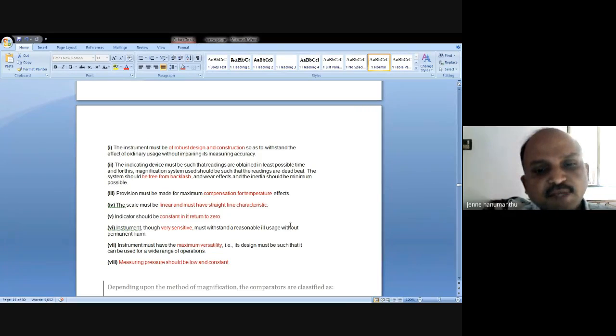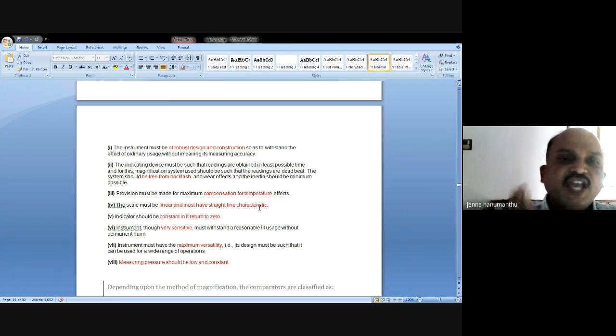Next, the scale must be linear and must have straight line characteristics. We have to provide the calibration scale for any comparator as a linear scale. If it is a linear scale, you can easily read it.